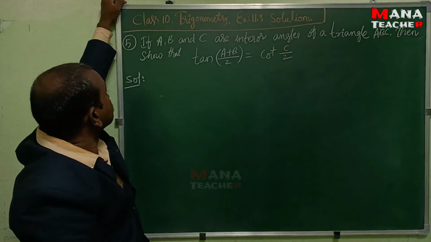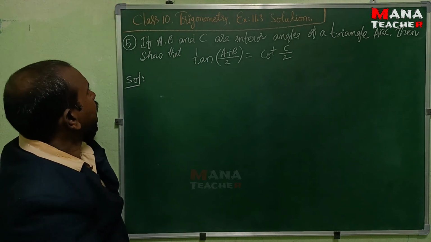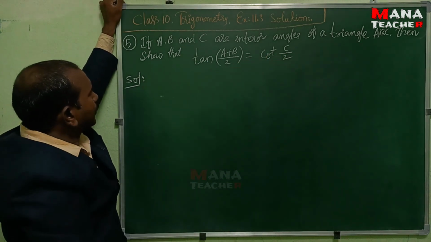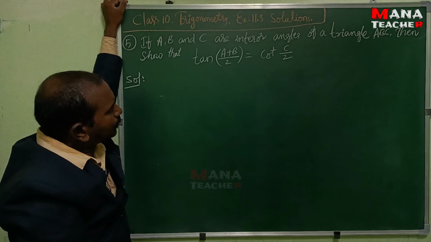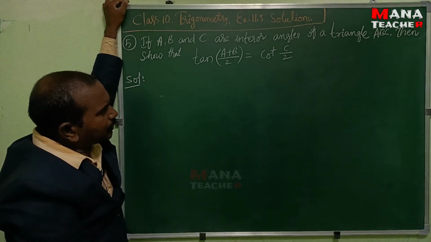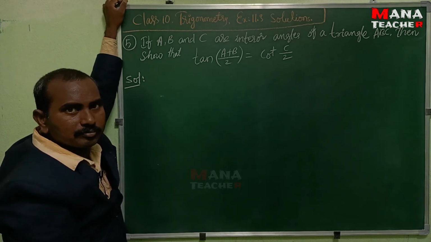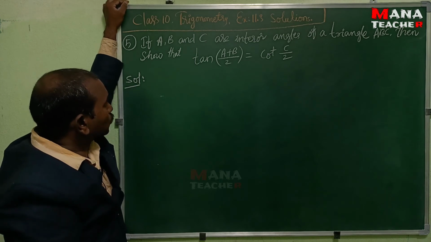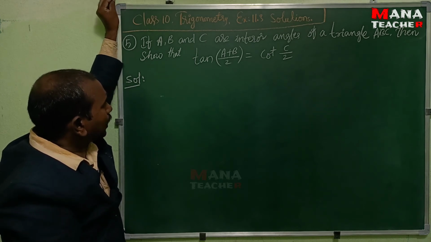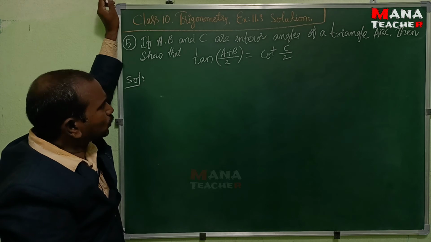Now fifth problem. If A, B and C are interior angles of a triangle ABC, then show that tan of (A plus B) by 2 equals cot of C by 2.